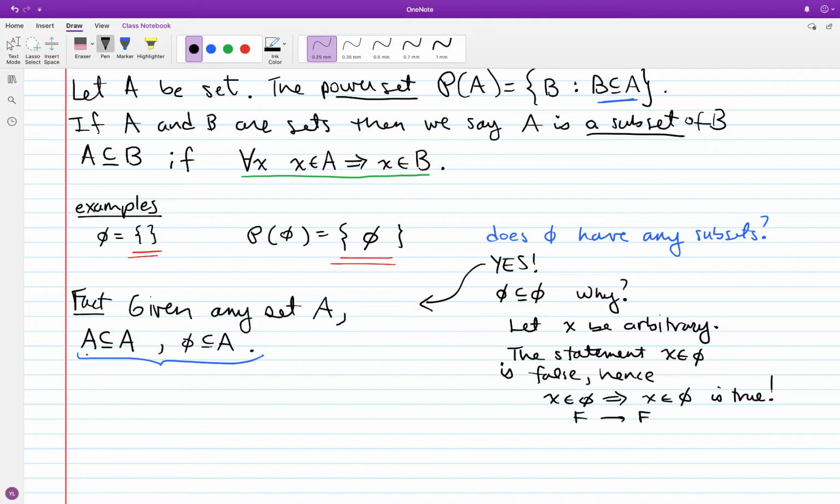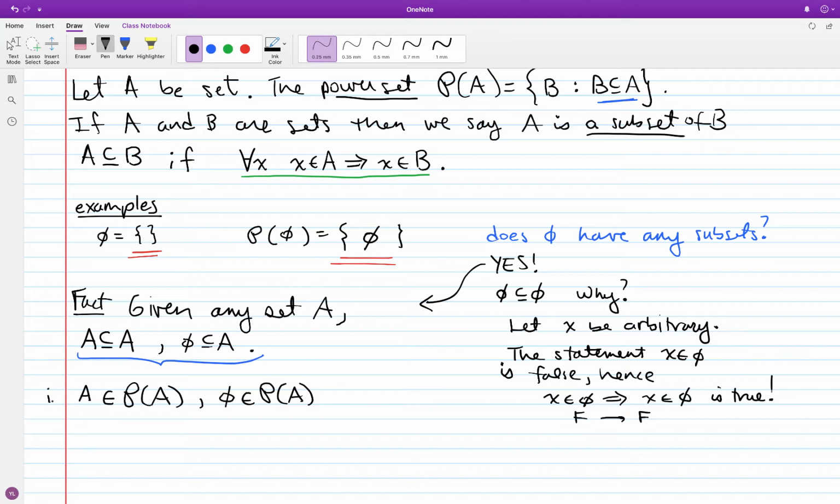The first statement says A is a subset of A. That is the exact same thing as saying A is an element of the power set of A, because the elements of the power set of A are exactly the subsets. So this is another way to phrase that, and likewise, this is also a true statement.